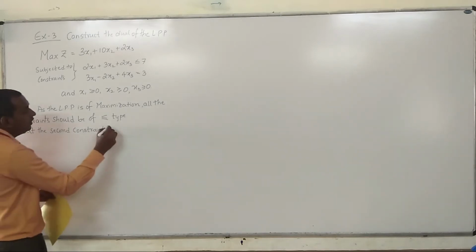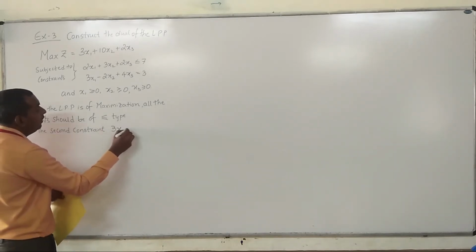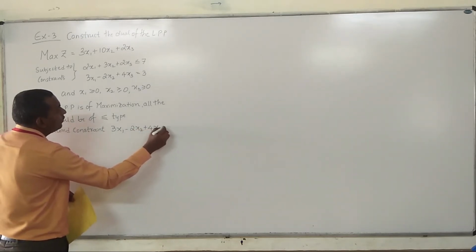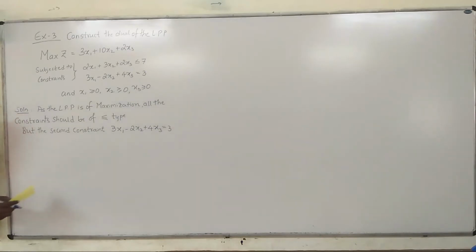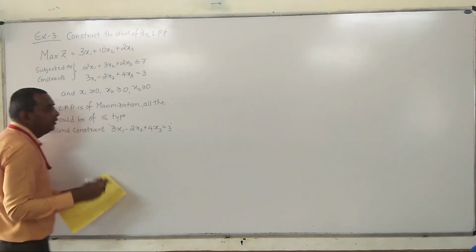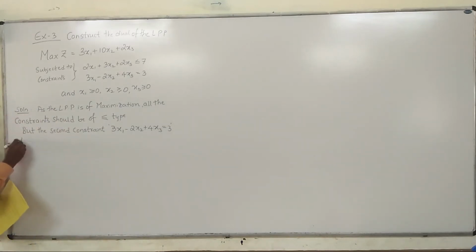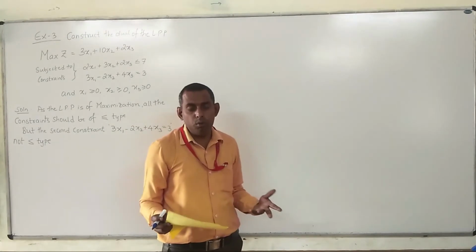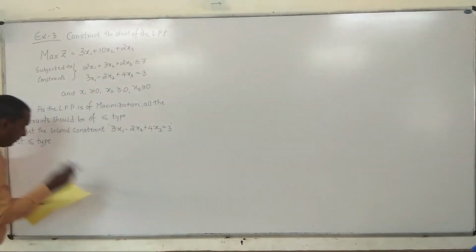What is the second constraint? That is 3x1 minus 2x2 plus 4x3 is equal to 3. It is not less than or equal to. It is equal to. So how do we do this one?